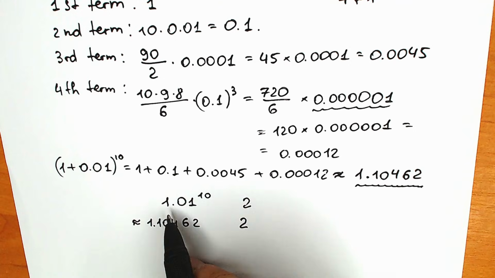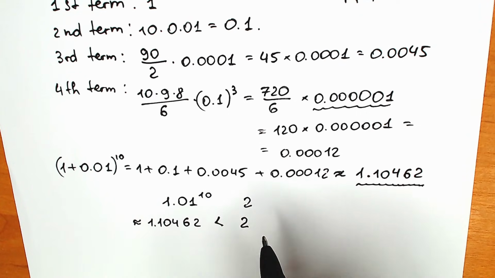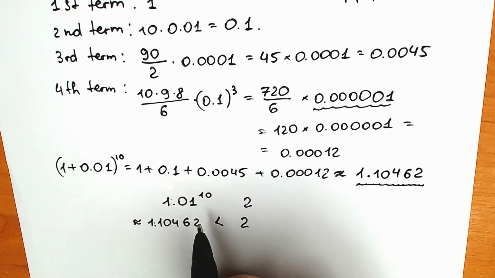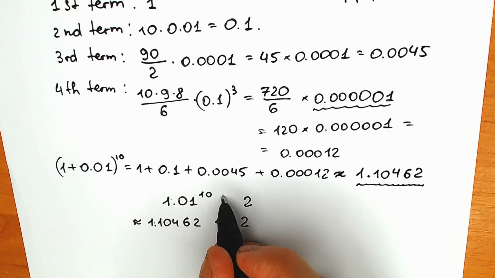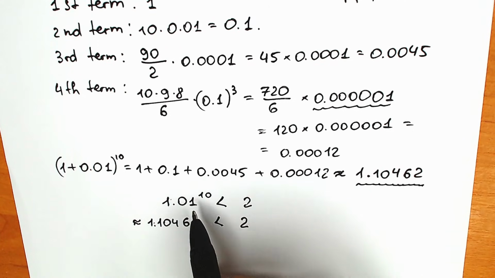So this expression on the left side is significantly less than 2. If this expression is approximately equal to this one on top, it means that this expression on top is less than 2.